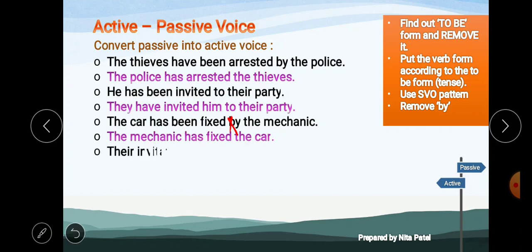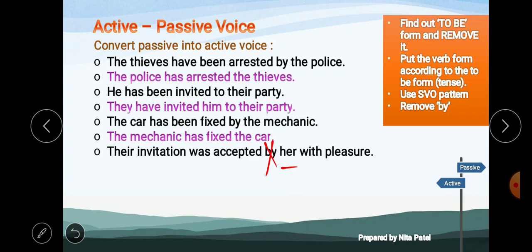Right, next. Their invitation was accepted by her with pleasure. Now what is our subject? Her, she. We will cut this by. Okay, to be form is here, was is there. It is the simple past tense, so instead of was we will put V2 form. V2 is accepted, V3 and V2 are the same thing, so we don't have to worry.